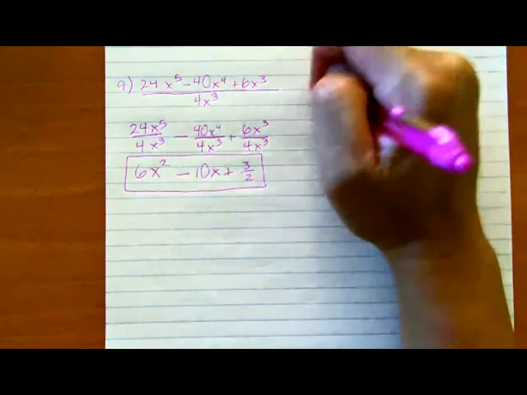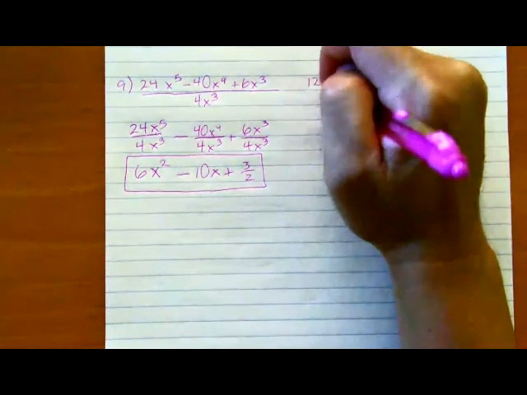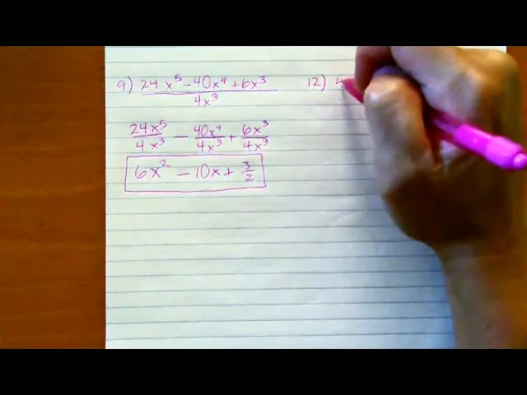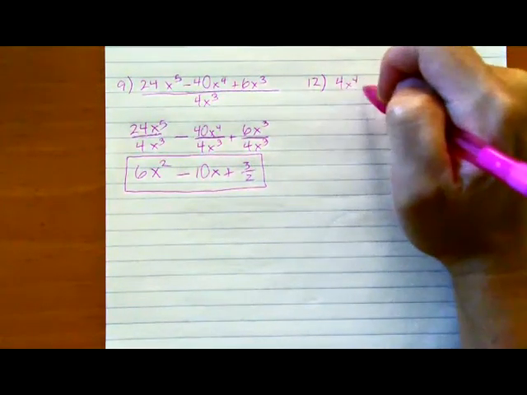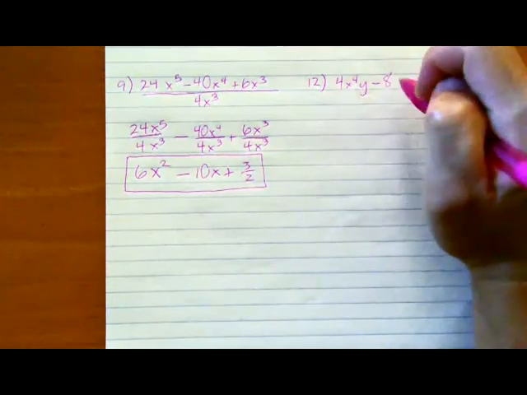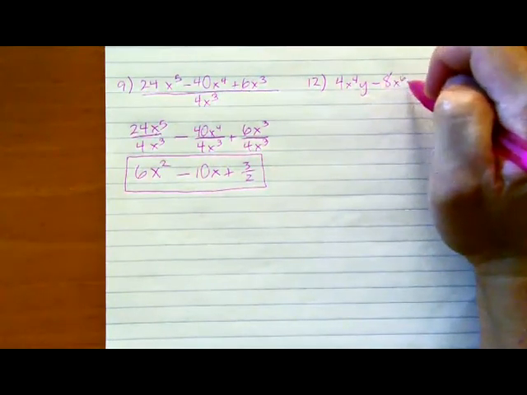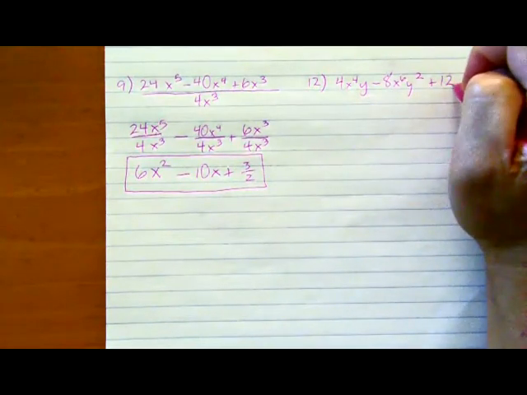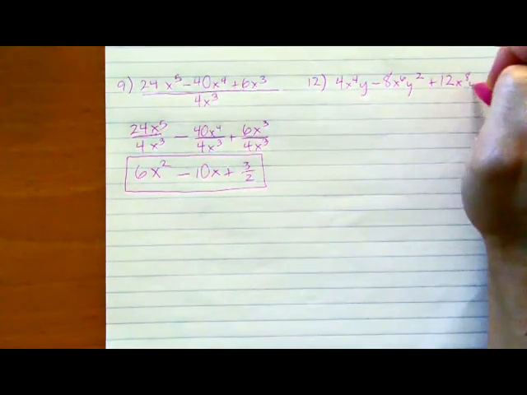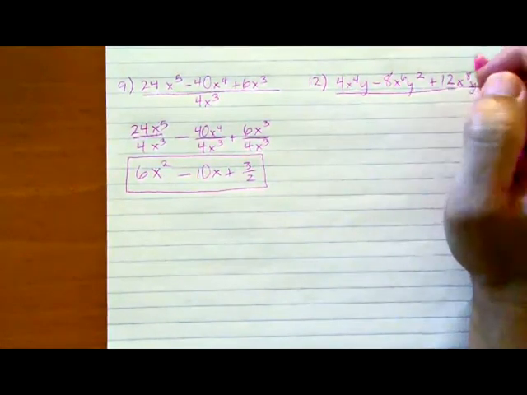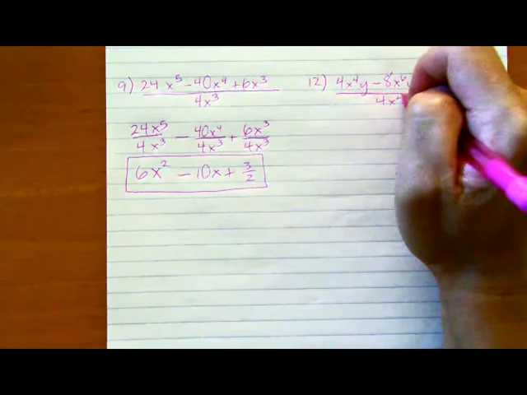Number 12. 4x to the fourth y minus 8x to the sixth y to the second plus 12x to the eighth y to the sixth divided by 4x to the fourth y.